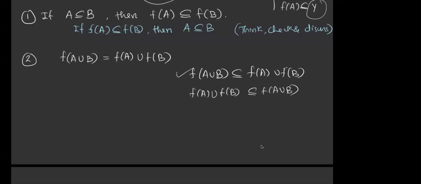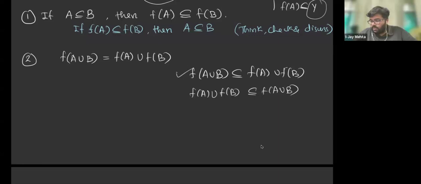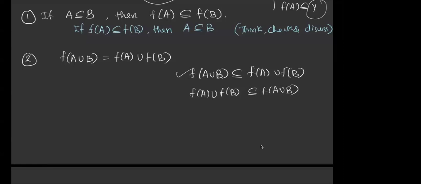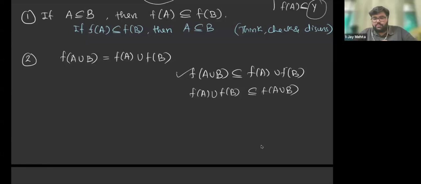Yes, if x is in A and y equals f(x), I can say that x is in A union B also. So in that case also y belongs to f of A union B.